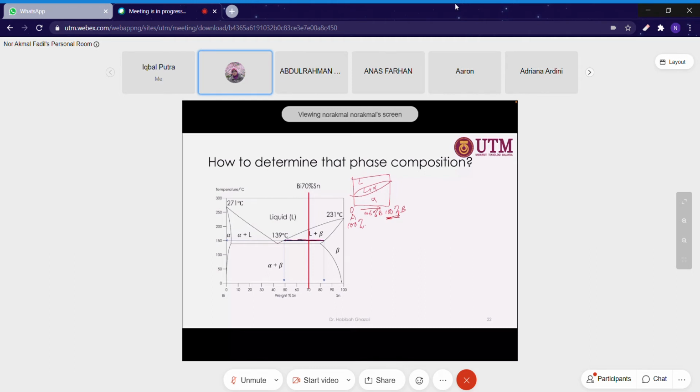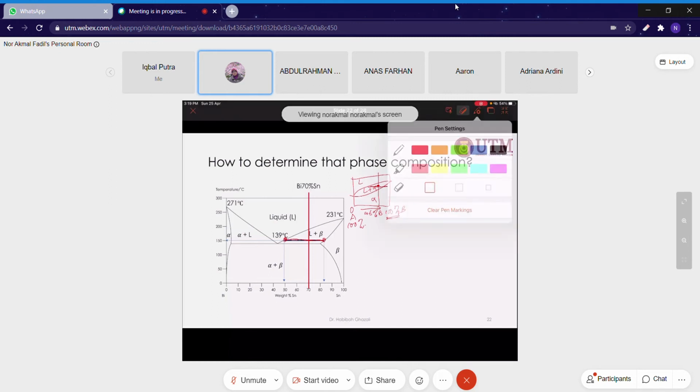Similar to this example, let's say we want to examine the phase composition at this point, we just draw the tie line. If we want to analyze at 150 degrees Celsius, we can do that similar to the previous system.